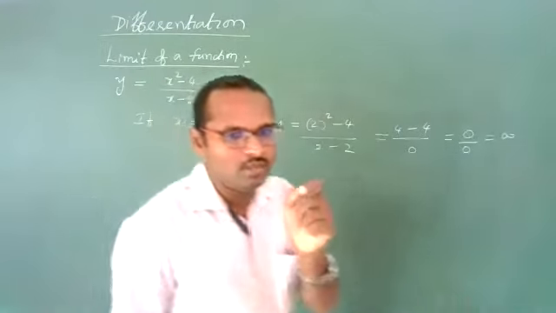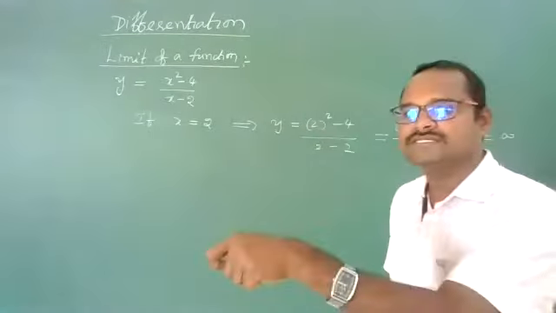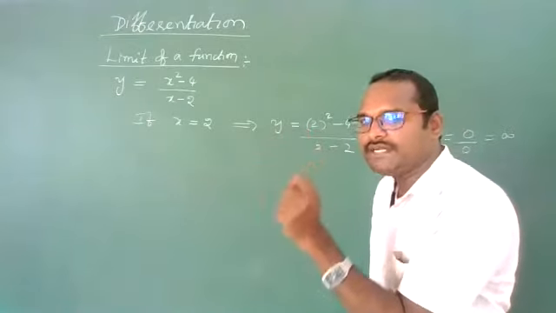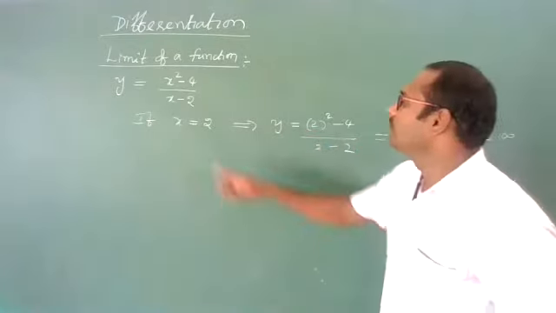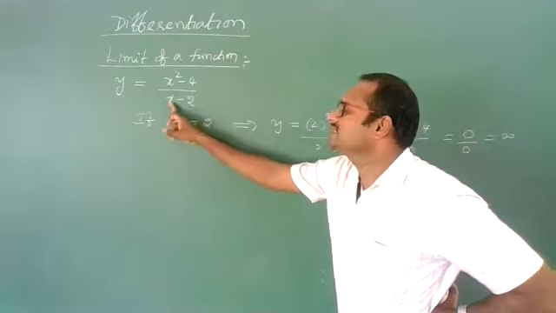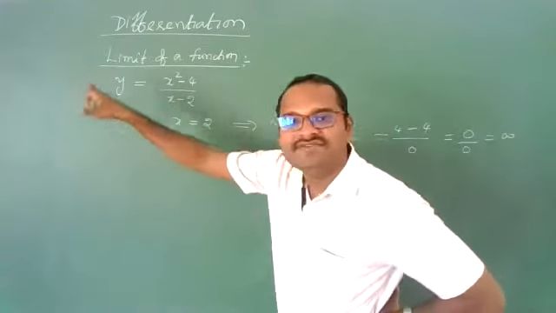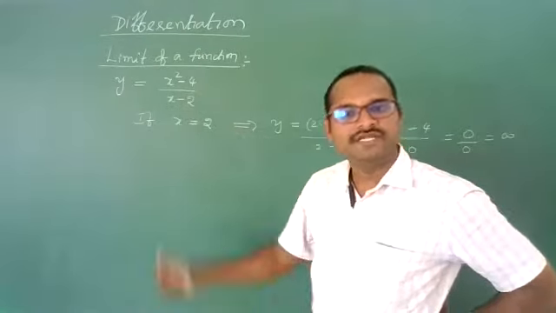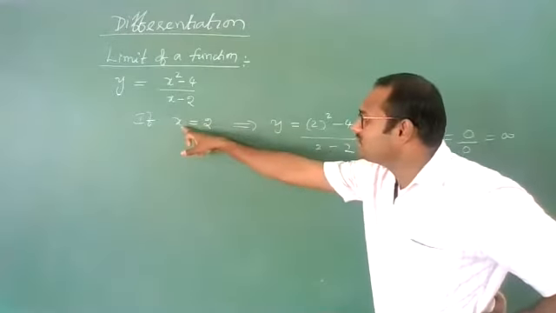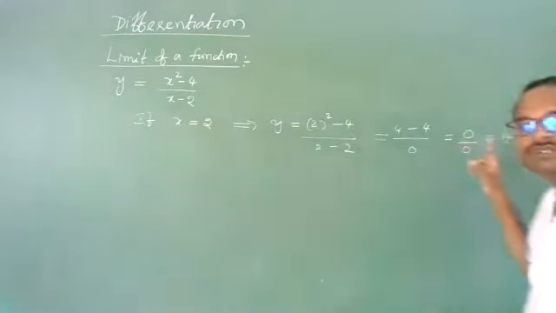We can say y is a function of x only when for different values of x, y has different values. But here, for x is equal to 2, y has an undefined value.